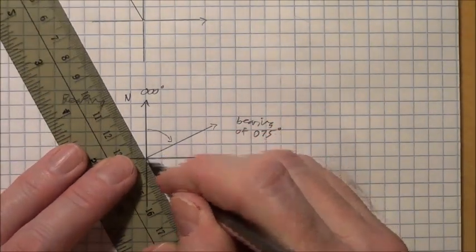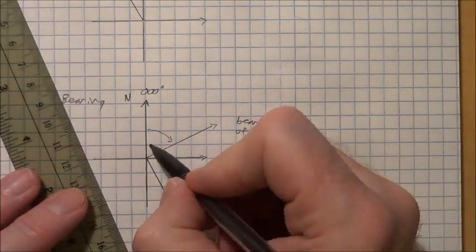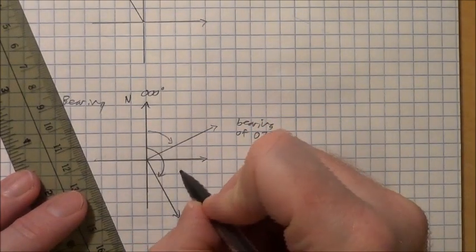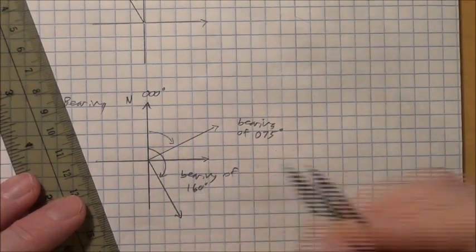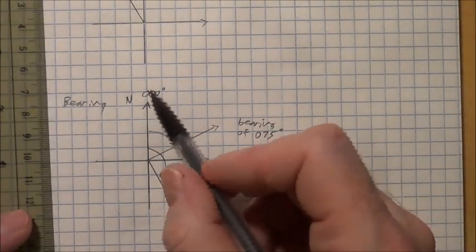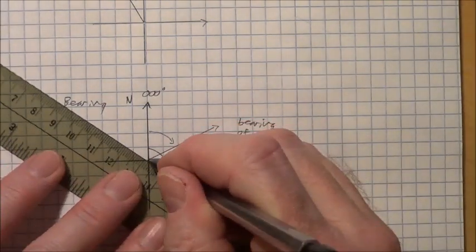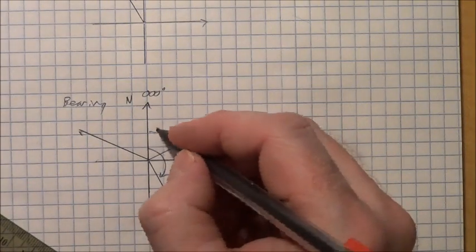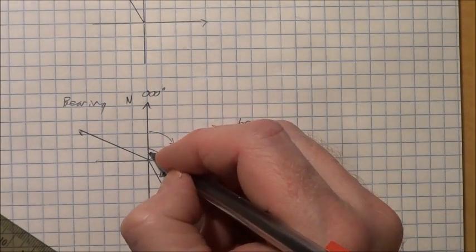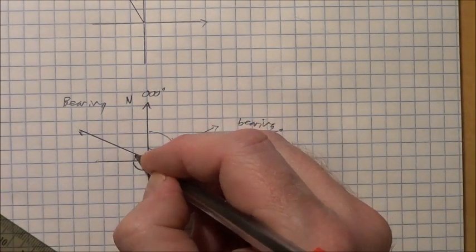If we were down here, this could be a bearing of 160 degrees. Okay, always starting at 0, or true north. This would be all the way around from north, all the way around here.